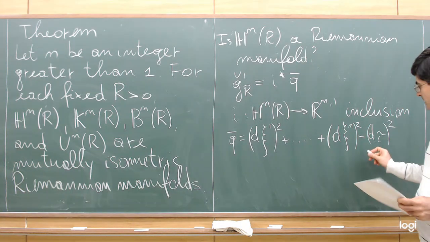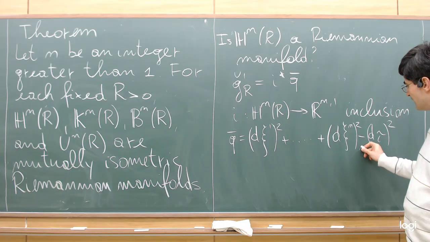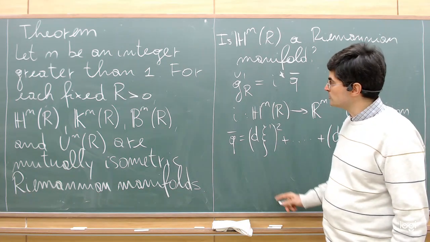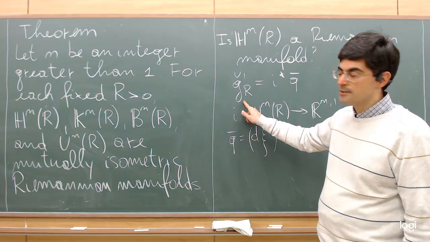The problem is that here there is a minus sign, so it's not clear at all that this is a Riemannian metric.